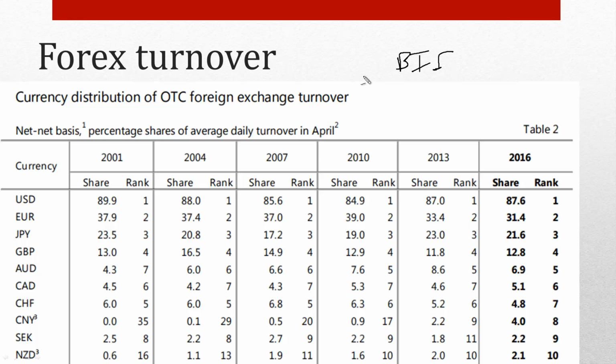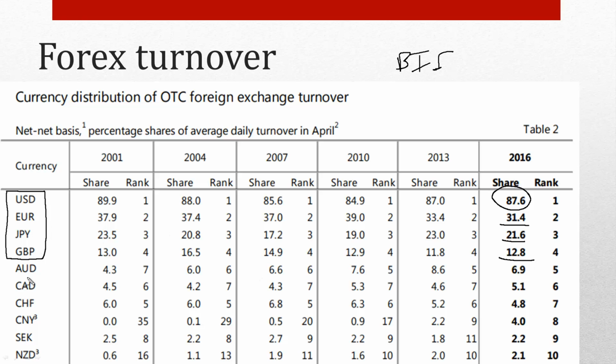You can see that in 2016, 87.6% of all transactions were USD transactions. About 31% were Euro transactions, 21% Japanese yen, and about 13% the British pound, which I mentioned earlier. This top 4 is where the most transactions are done.